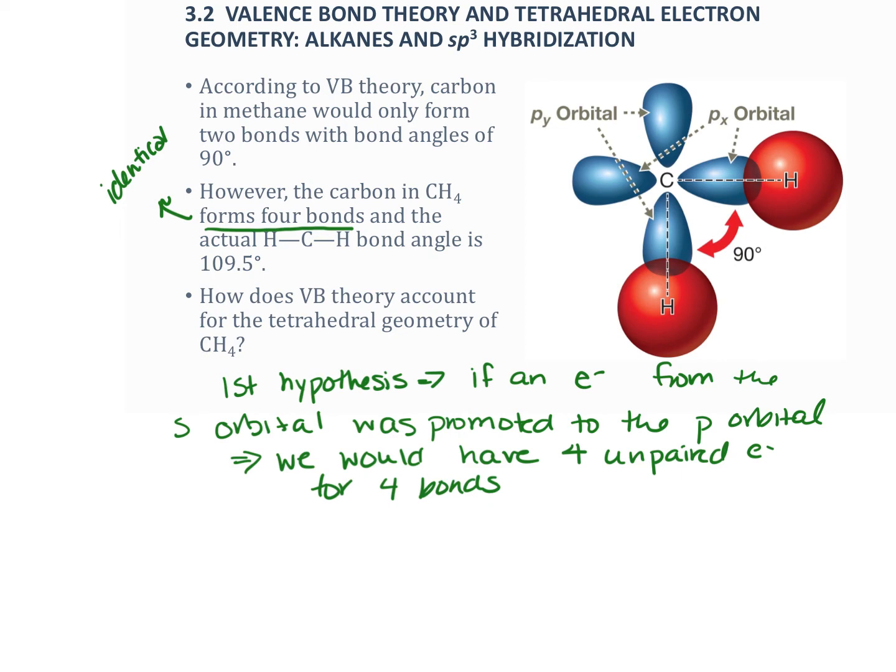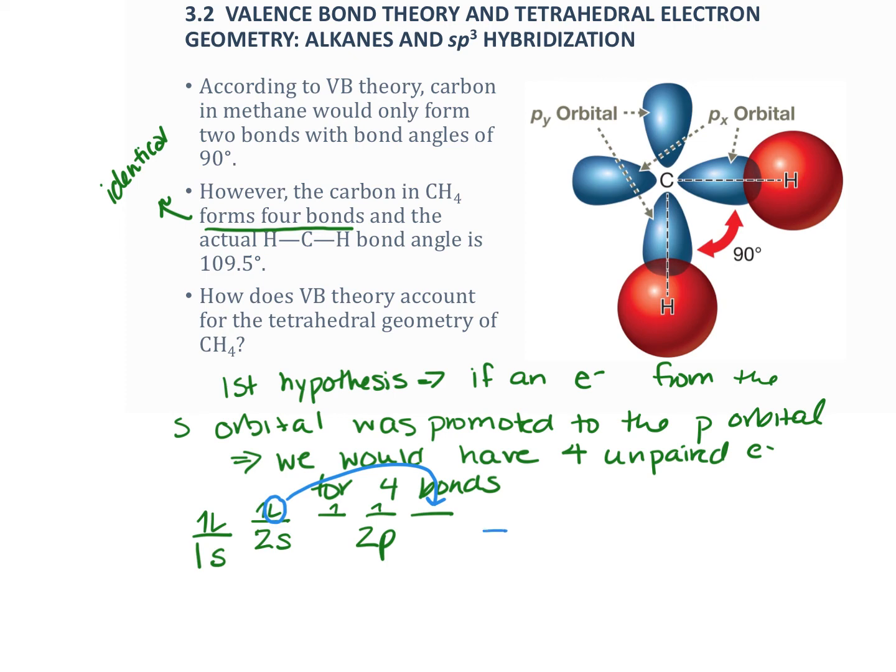They said, what if we took this 1s, 2s, 2p, I'm running out of space, forgive me. What if we took one of these electrons and just promoted it up here?